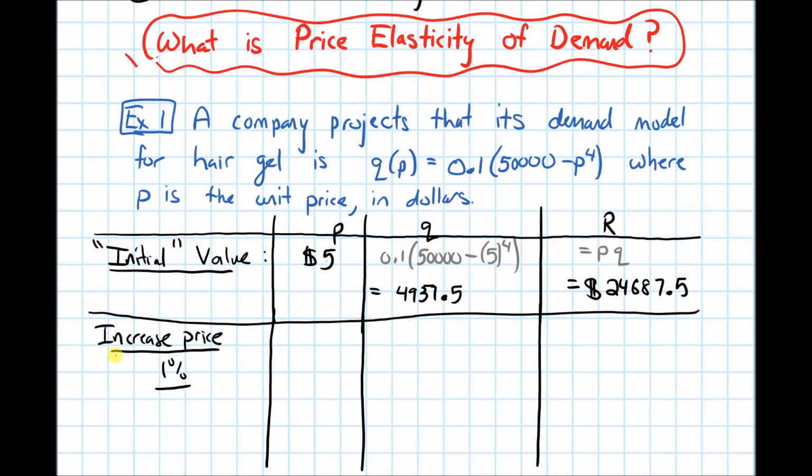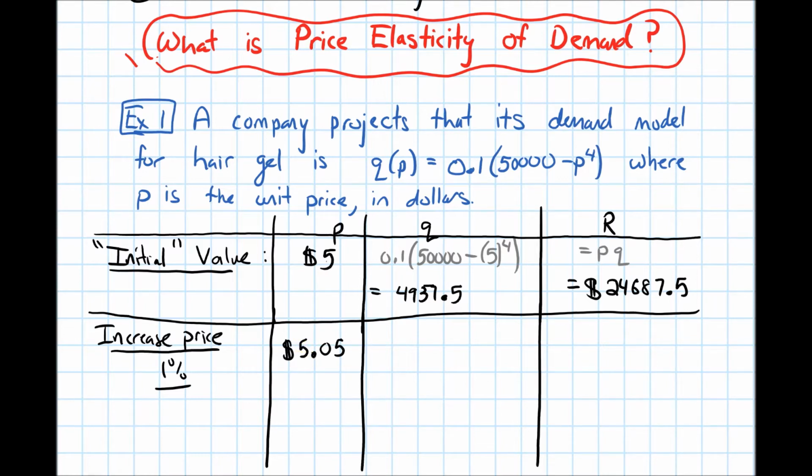If we increase the price by 1%, the new price is going to be $5.05, because 1% of $5 is what we get if you multiply this by 1 over 100, and that's 5 cents. So we'd add 5 cents to $5. Okay, so that's what we get if you increase the price by 1%.